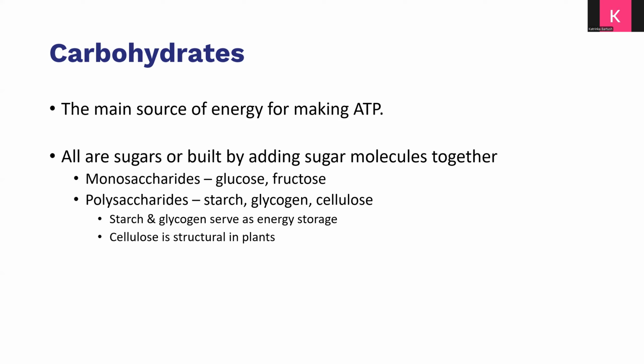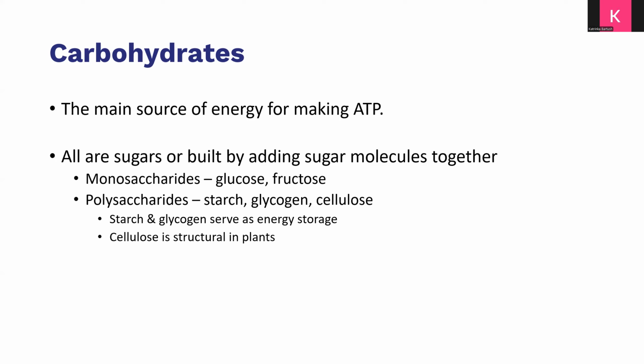So these are monosaccharides, single sugars. Starch, glycogen, and cellulose are considered polysaccharides because they're made up of many sugar molecules added together. Starch and glycogen serve as energy storage, and the cellulose is the structural carb that you see actually in plants so that plants can grow tall. It gives them some structure and strength so that they can have stalks, if you will.